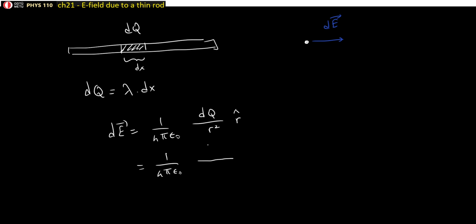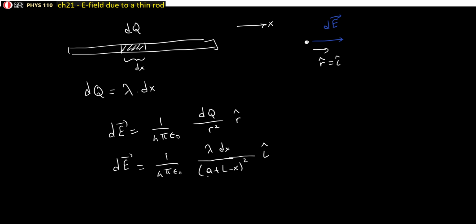So dq is lambda times dx. Lambda is a constant. r is a plus L minus x. So as a result, we have this. And then the radial unit vector in here is always equal to the i unit vector, because this is the direction of the x-axis. So as a result, this is i.